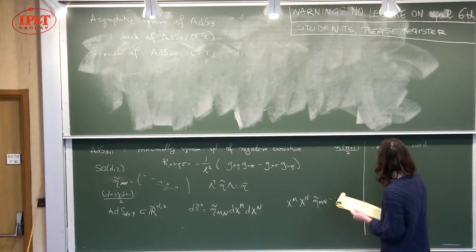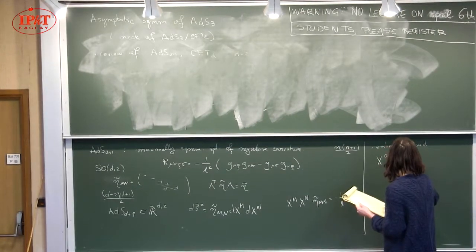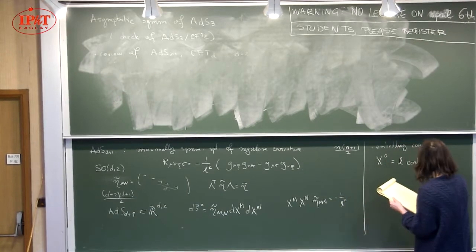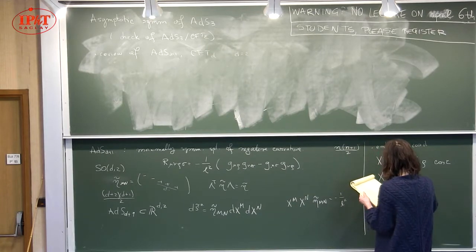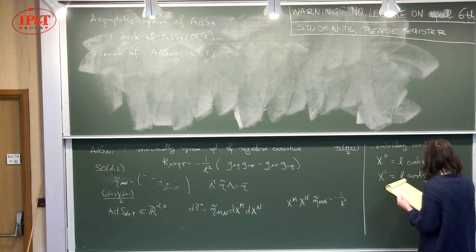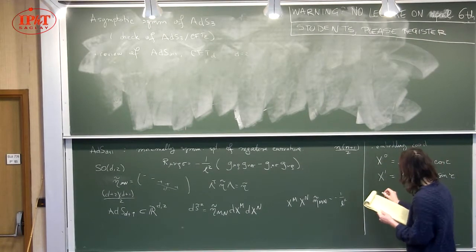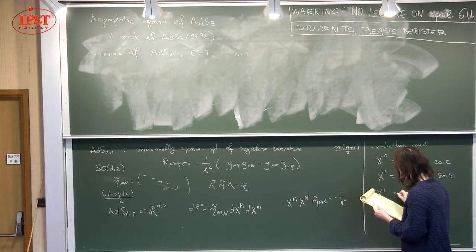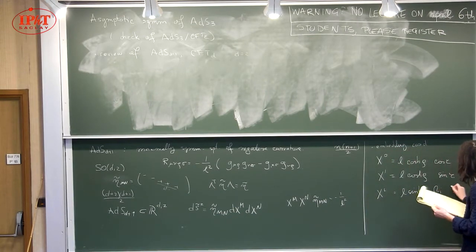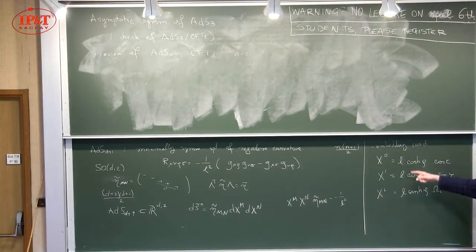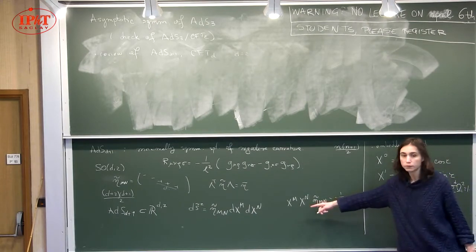And these coordinates are something like this: L cosh rho cos tau, x1, and L cosh rho sin tau, and then x_i = L sinh rho omega_i with the sum of omega_i squared equal to 1. So for i going from 1 to d, this ansatz automatically satisfies this constraint.